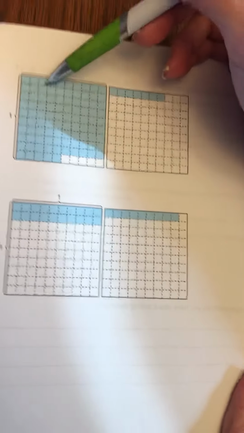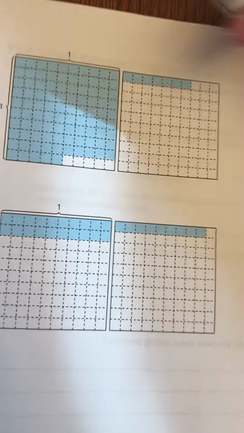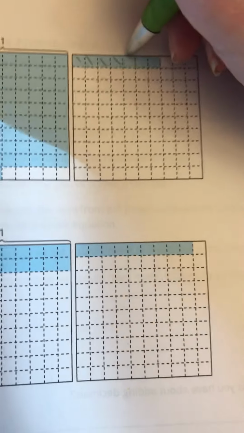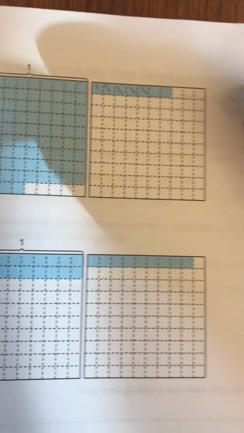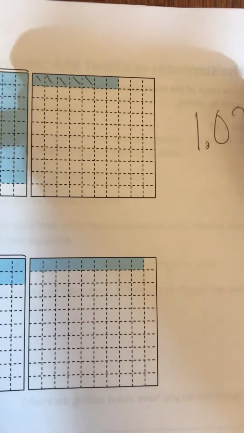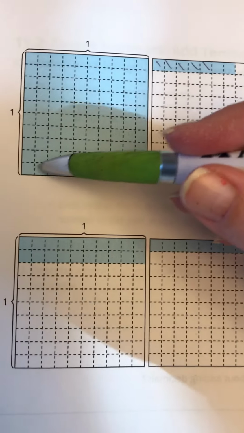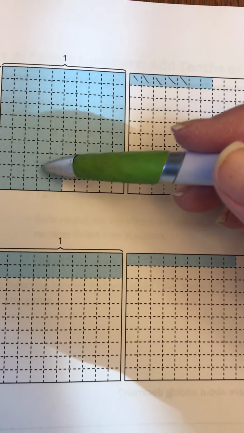All right, and then looking at this diagram, we've got 1, 2, 3, 4, 5 missing. So I can take 1, 2, 3, 4, 5 of these. So that's going to give me 1 whole. And then I have 2 hundredths left over. I also could have thought of this as being 90, 91, 92, 93, 94, 95.